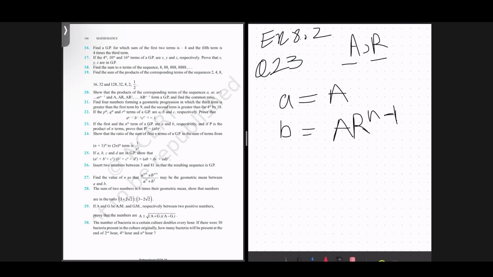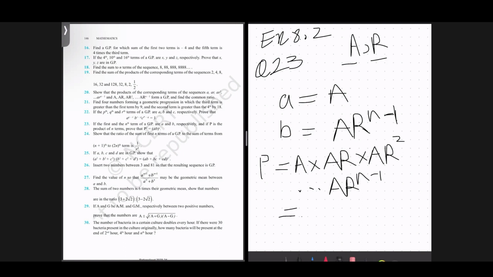Now, if p is the product of n terms, what is that going to be? The product of n terms is going to be a into ar into ar squared and up until ar raised to the power n minus 1, right?